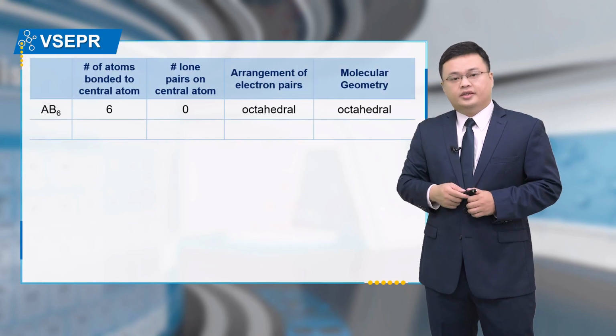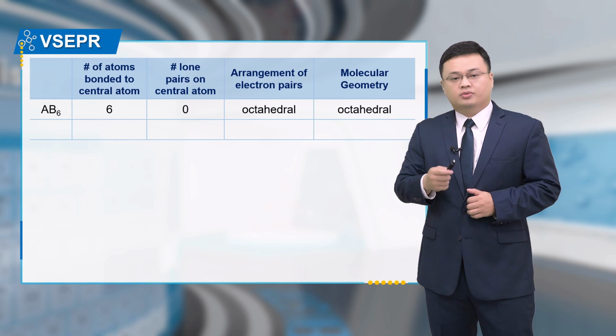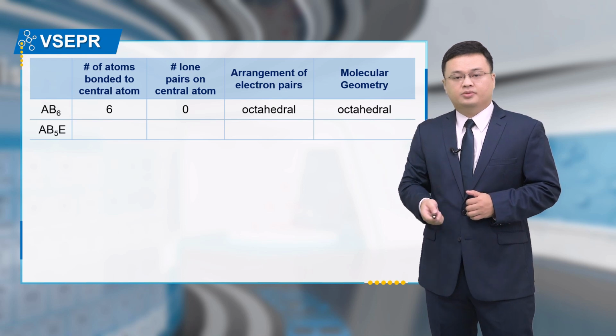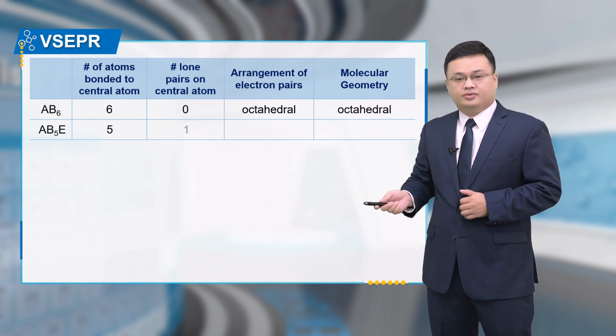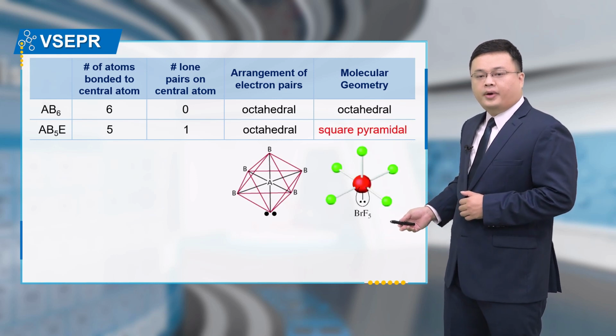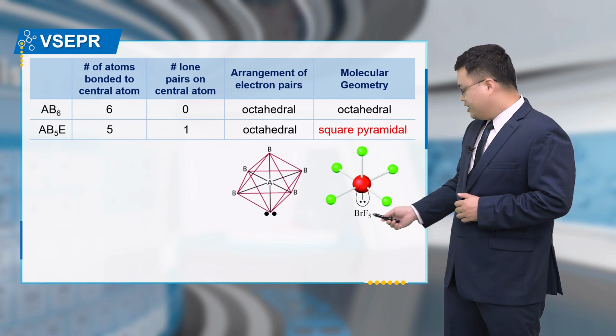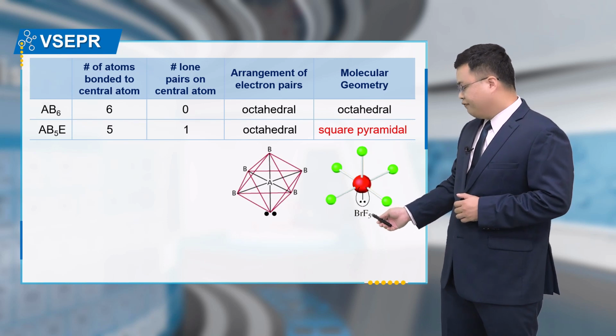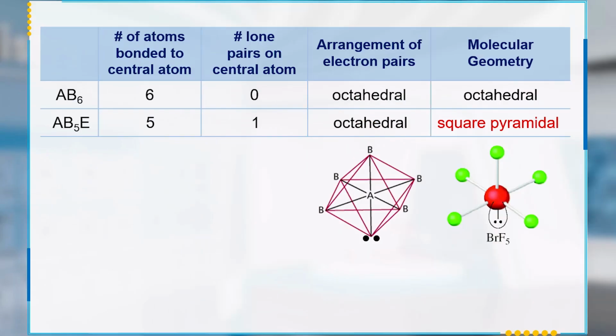Similar to AB6, the AB5E also possesses an octahedral arrangement of electron pairs, but its molecule geometry is square pyramidal, like bromine pentafluoride. The bottom lone electron pair forces the four fluorides to move up from the plane and form a square pyramidal geometry at the end.